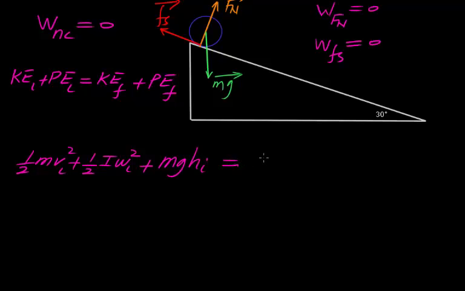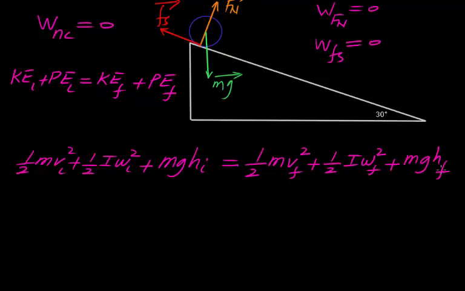That equals the kinetic energy final in two forms also, 1/2 mv final squared plus 1/2 I omega final squared plus the gravitational potential energy mgh final.